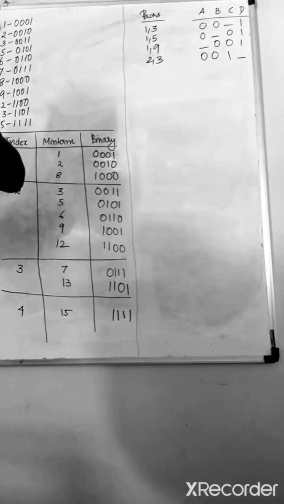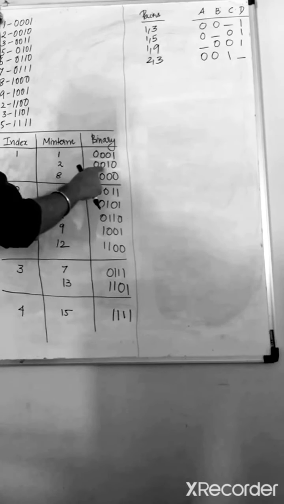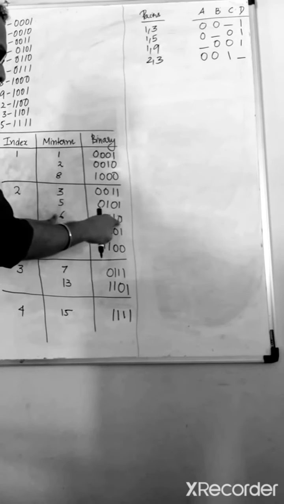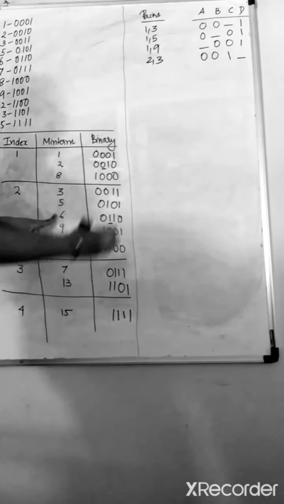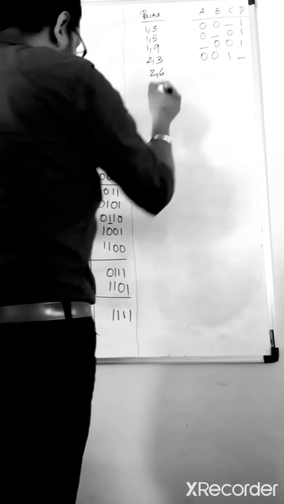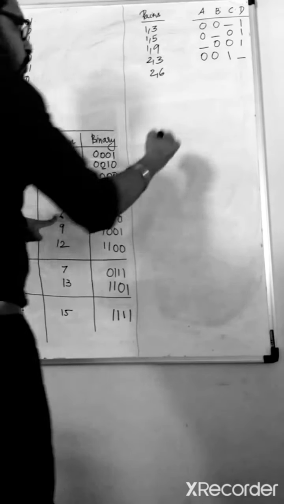Changes in more than one bit. 2 and 6 is compared. So we have 0 0 1 0, 0 1 1 0. So we have change in the second bit. So we write it as 2, 6 and 0 dash 1 0.